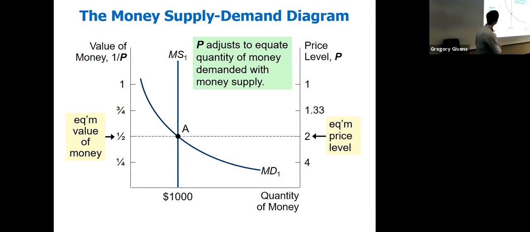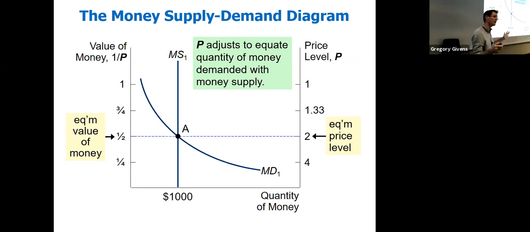And as a result, the value of money is going to go up, which corresponds to a falling price level, right? When there's not enough dollars to purchase the quantity of goods and services that we need, the price level is going to tend to fall. The value of money is going to rise.